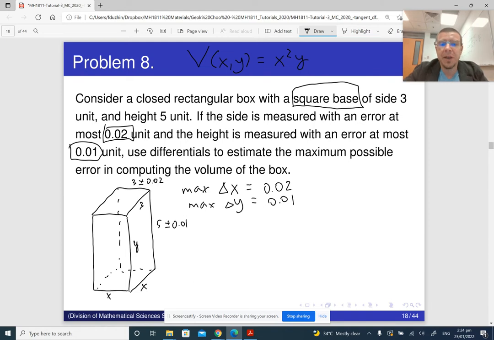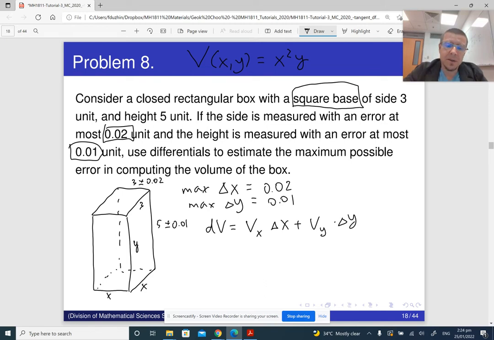Right. So what is going to be the error in the v? So the estimated error dv is going to be, generally speaking, the partial derivative of v with respect to x times delta x plus the partial derivative of v with respect to y times delta y.